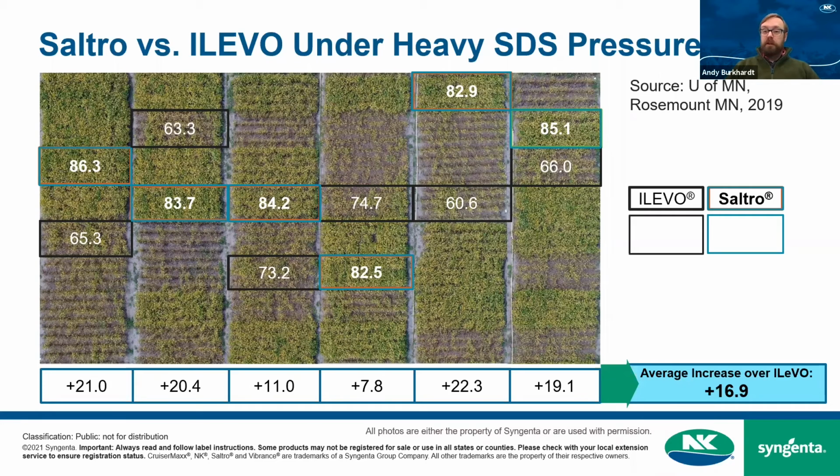So when you compare Saltro and our competitor to the base treatment of Cruiser Max Vibrance, our competitor had a 5.4 bushel advantage compared to Saltro's 22.3 bushel advantage. So when we see high SDS pressure, we also see a significant advantage of including Saltro as part of the seed treatment package.